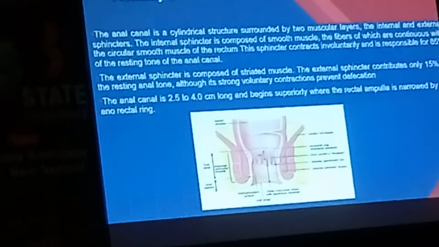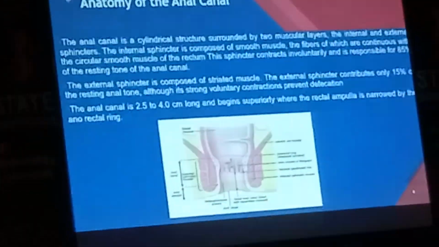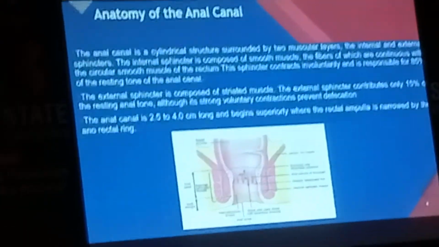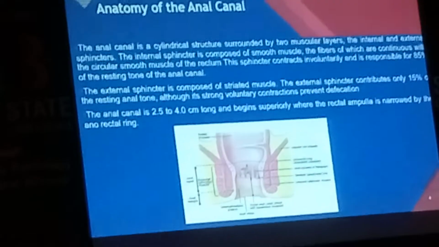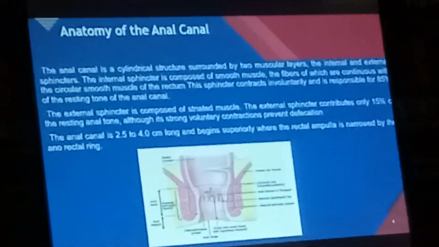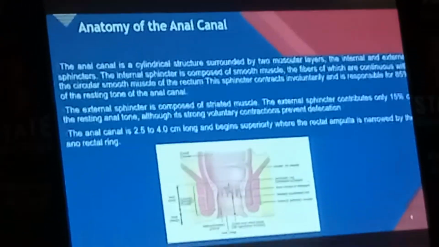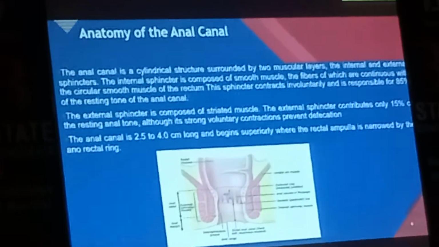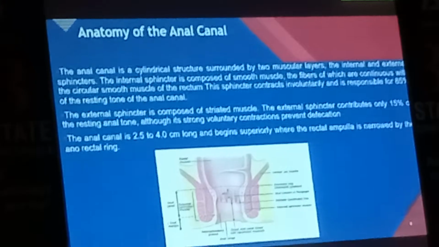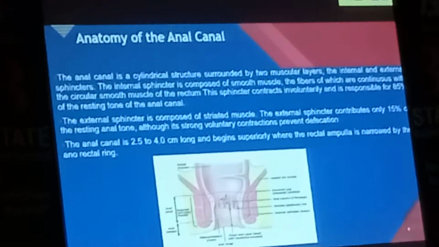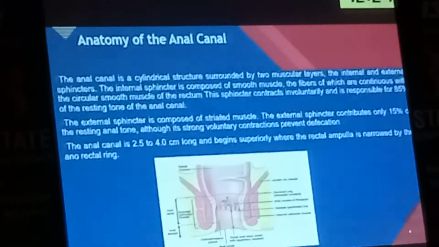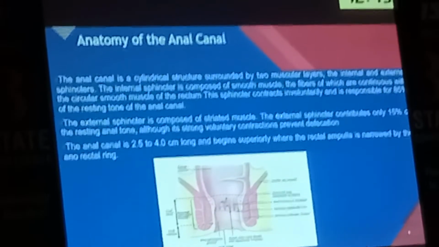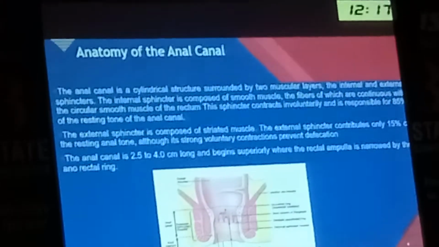Anatomy of the anal canal. The anal canal is a cylindrical structure surrounded by two muscular layers, the internal and external sphincter. Which is outermost, it is external, and which is inner, it is the internal sphincter muscle. The internal sphincter is composed of smooth muscle, and we all know that smooth muscle is always involuntary muscle.